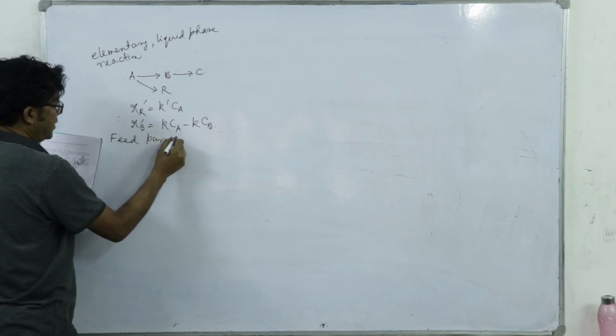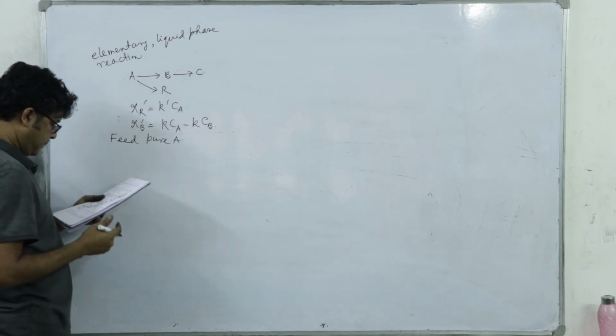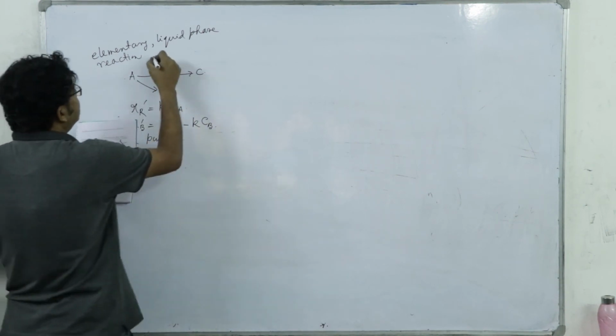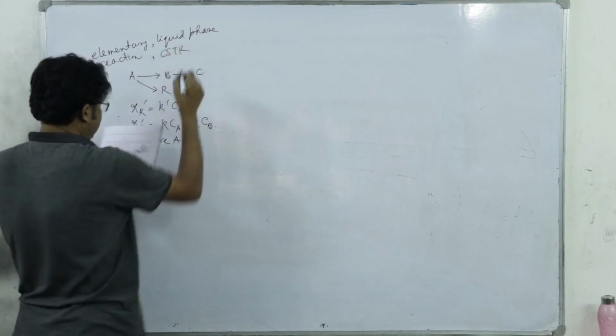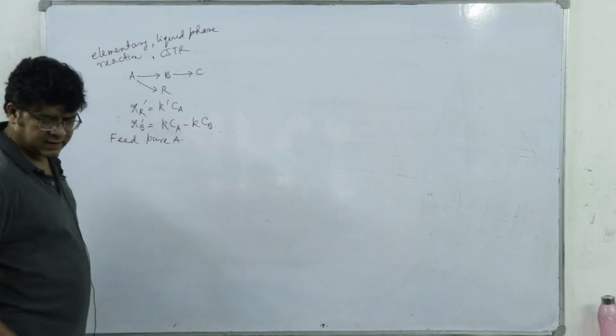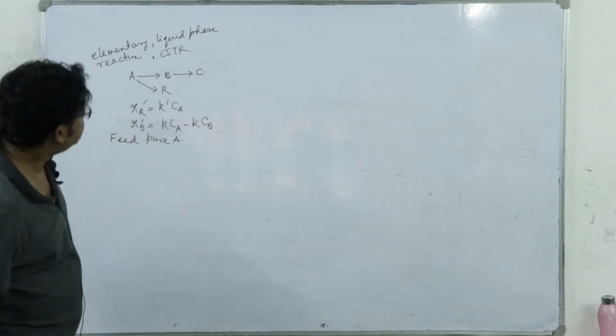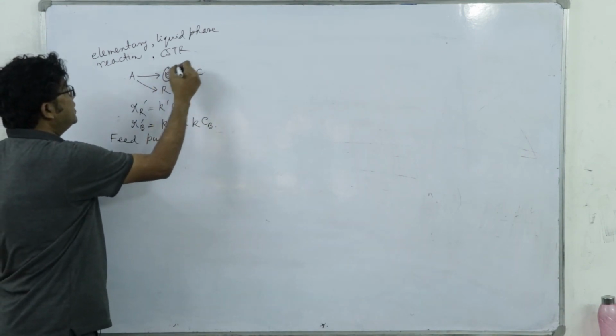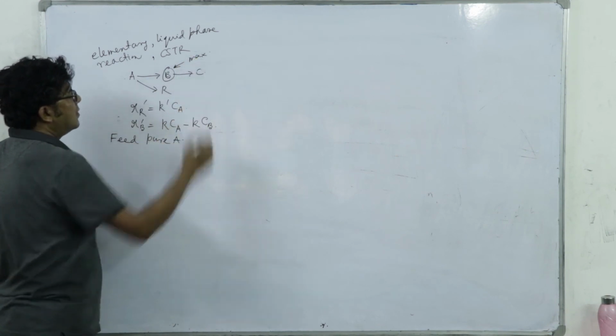Feed is pure A, and the reactor is a CSTR, which results in maximum exit concentration of B. So you have to maximize B.